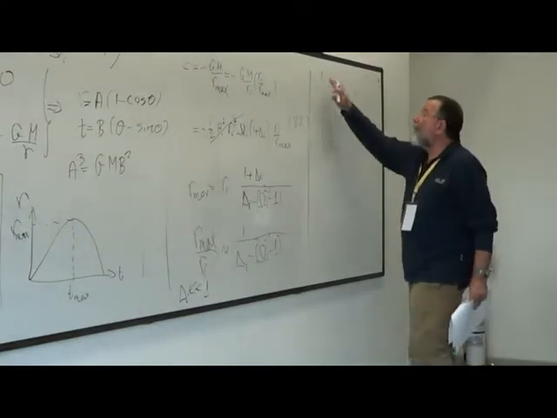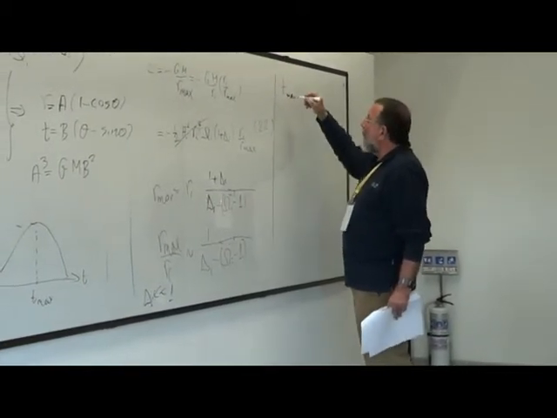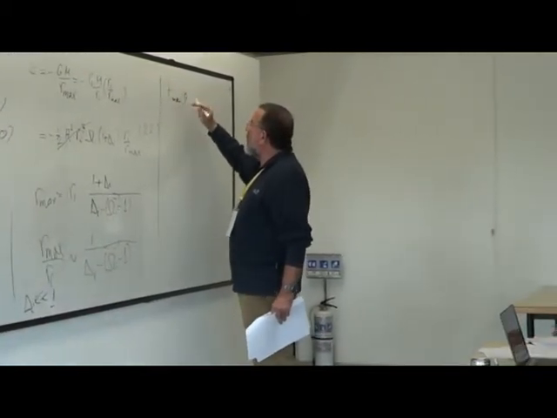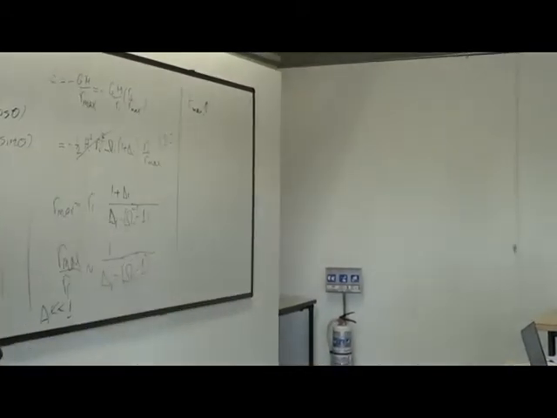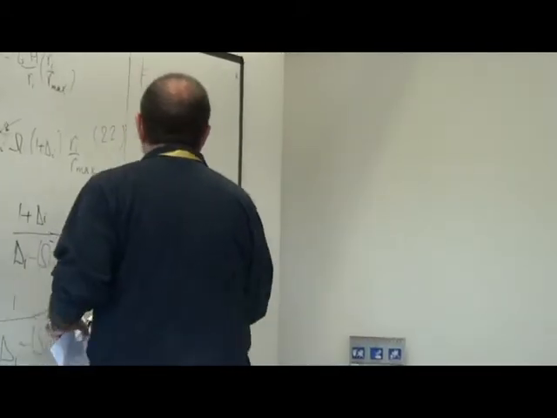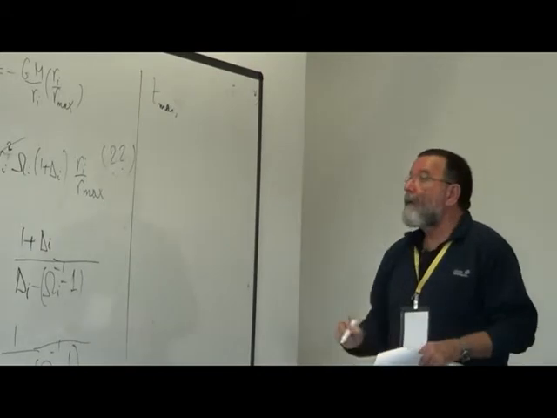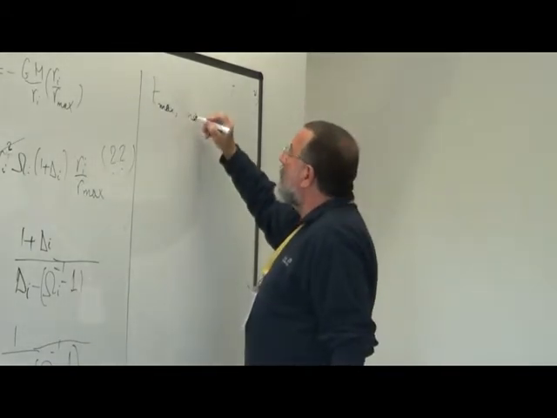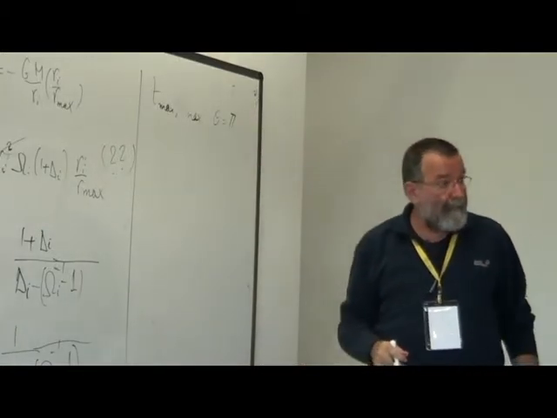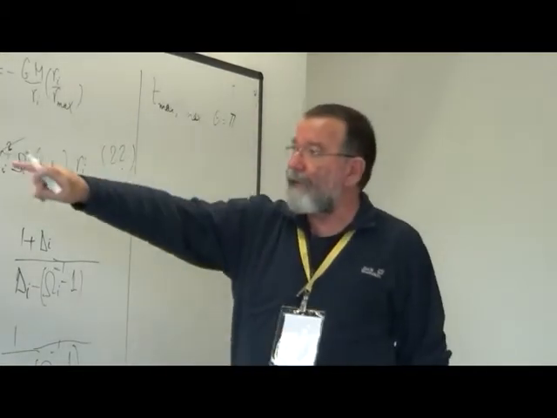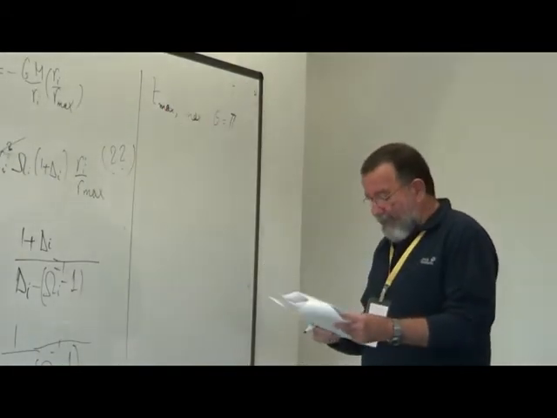Now, we know that the maximum expansion phase of our mass happens when theta equals pi, if you remember that we have this parametric solution.